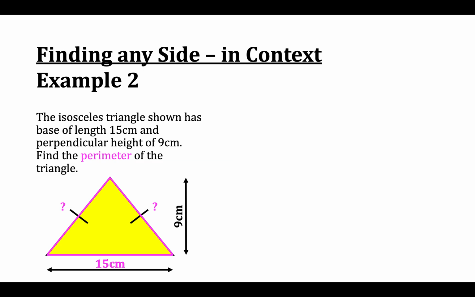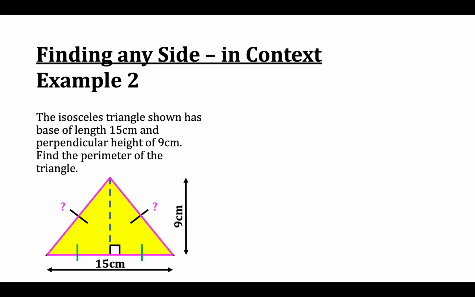But can we create a right angle triangle? Now you'll notice here by creating the right angle triangle, the base is now split in half. So this length here and then this length here are the same because it's an isosceles triangle.